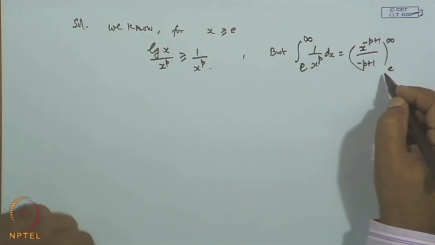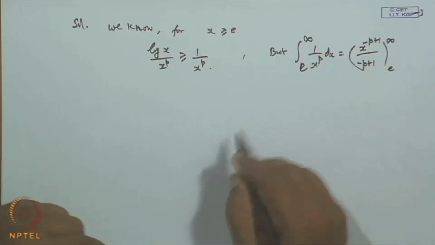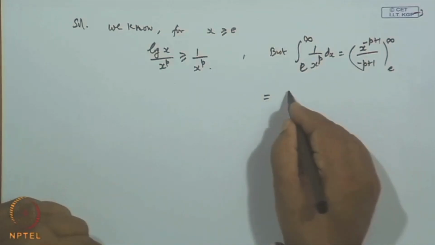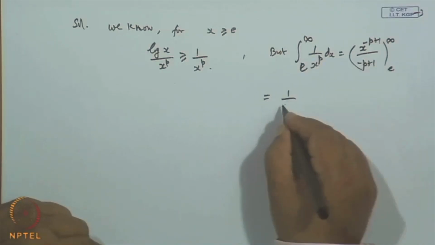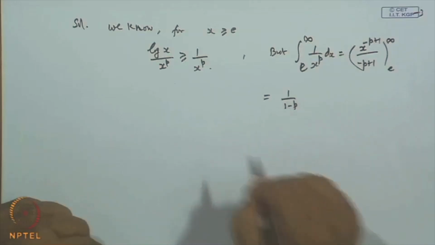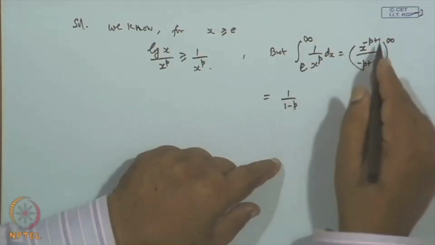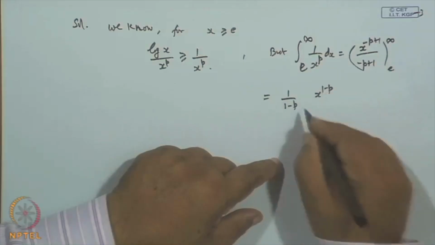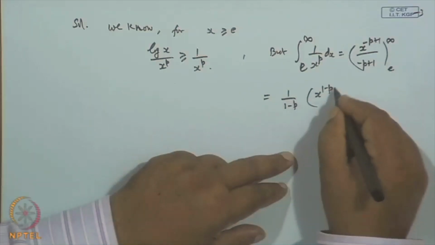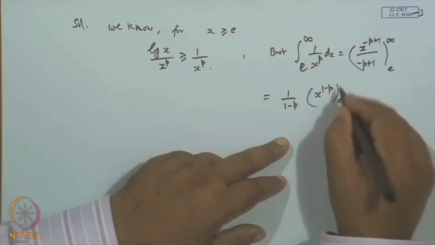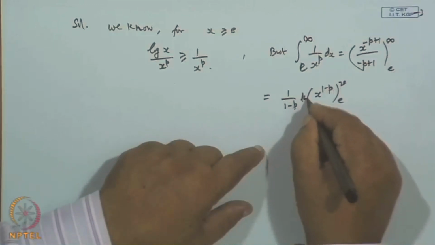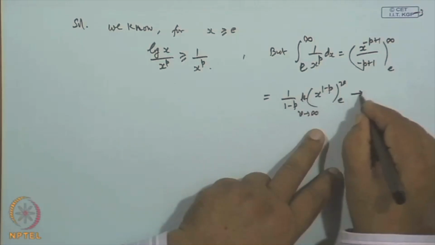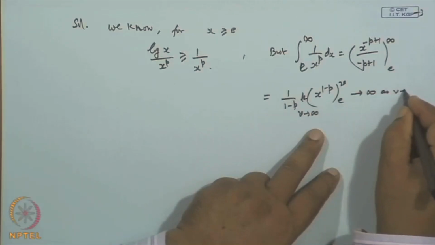So this will be equal to 1 over 1 minus p times x to the power 1 minus p, evaluated from e to v, and then take the limit as v tends to infinity.